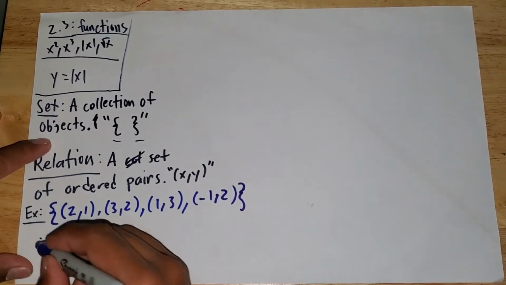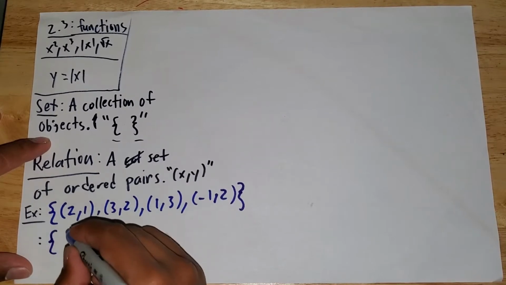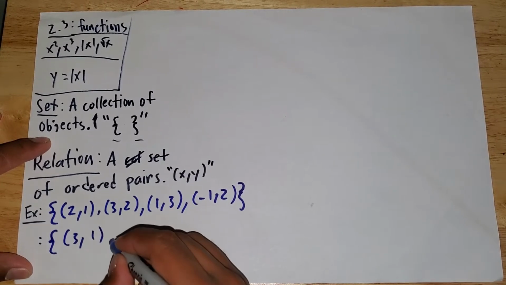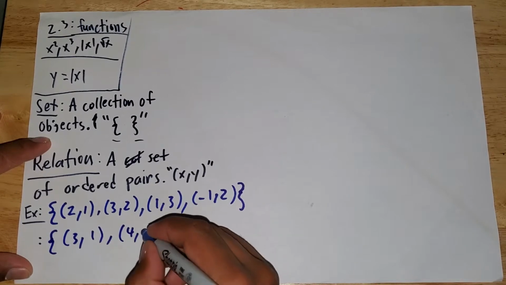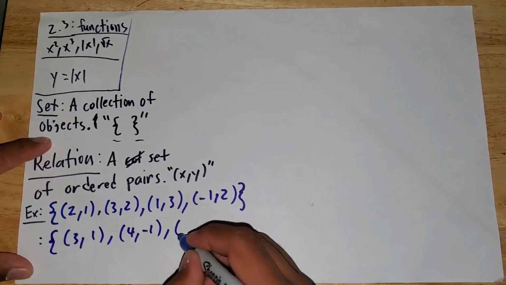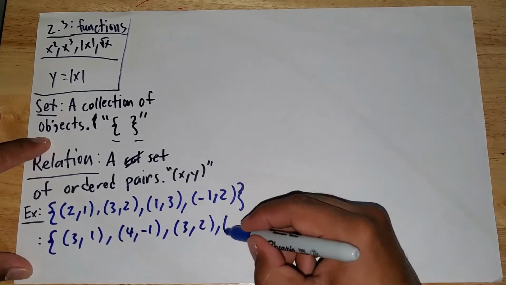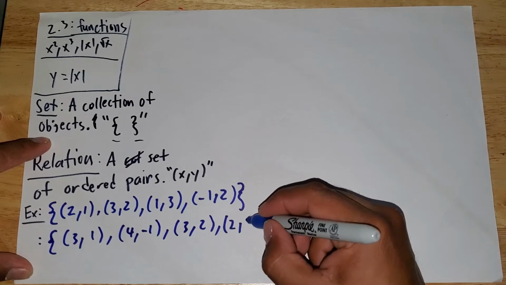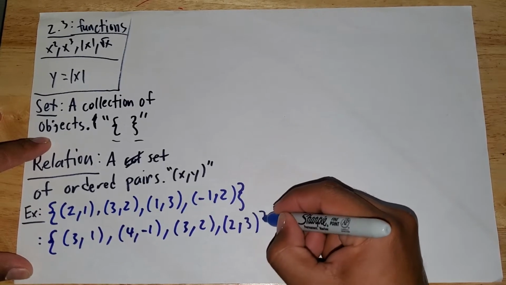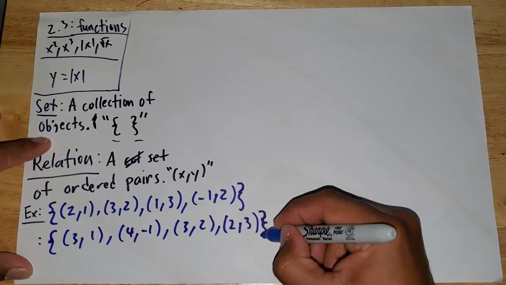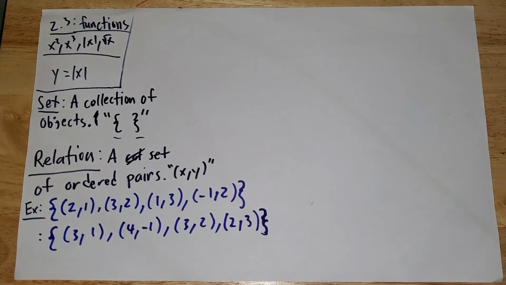Again, another one: we start our set notation, 3 comma 1, 4 comma negative 1, 3 comma 2, and then 2 comma 3. That's what a relation is. It's just a collection, a set of ordered pairs. You can have 4 ordered pairs, 5 ordered pairs, 10 ordered pairs.